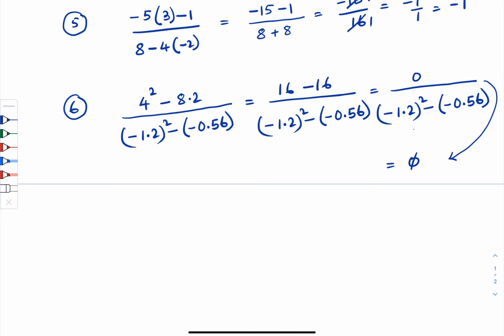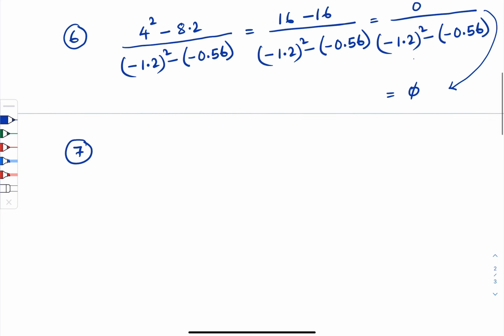Okay, let's do another one. This one is going to be 3 squared minus 16 divided by 3 squared minus 9.